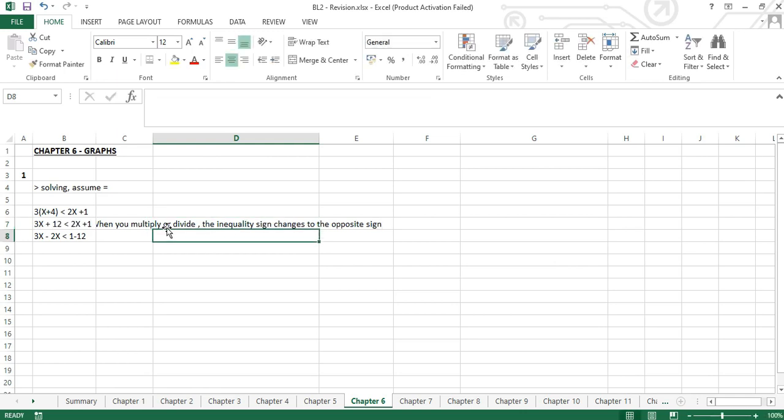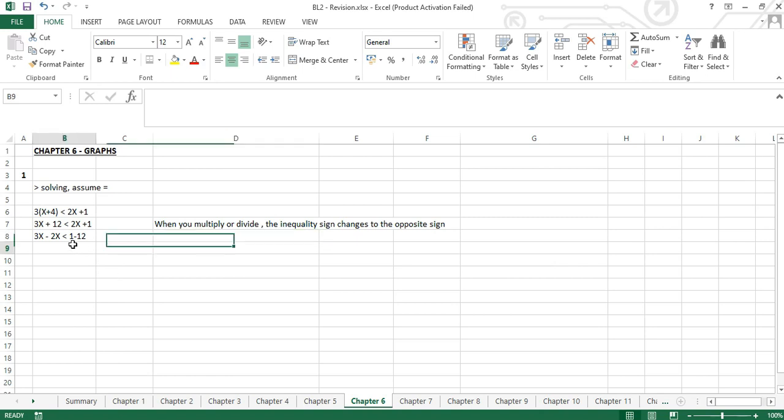So for instance, okay, I can show you. Let's say instead of 3, this is 4, for learning purpose. So this is 4 and here also it's 4.